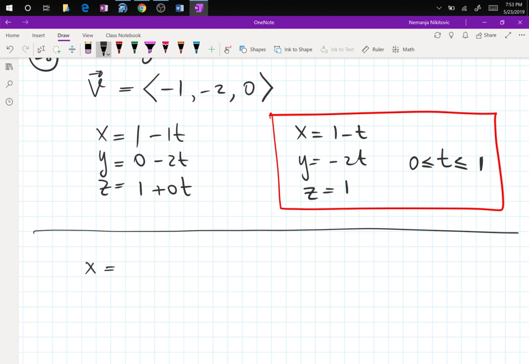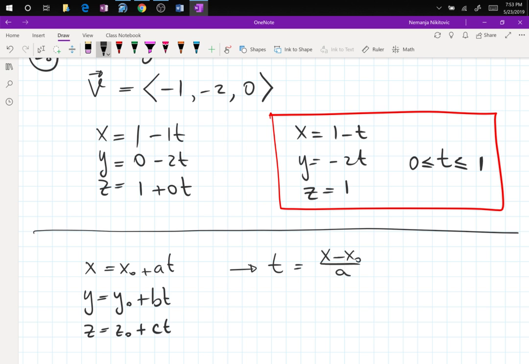So if you have x equals x0 plus at, y equals y0 plus bt, and z equals z0 plus ct, you can solve for t as x minus x0 over a. You can solve for t as y minus y0 over b. And you can solve t equals z minus z0 over c.